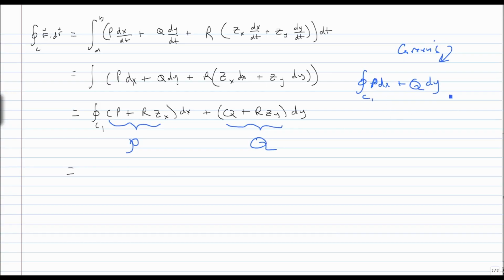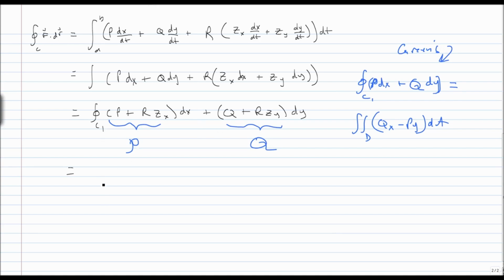Well, it states that if you have this form of Green's theorem, then this is going to equal the double integral of the partial derivative of Q with respect to x minus the partial derivative of P with respect to y, dA, over the region bounded by C1. So that's what we're going to do here. We're going to use Green's theorem.